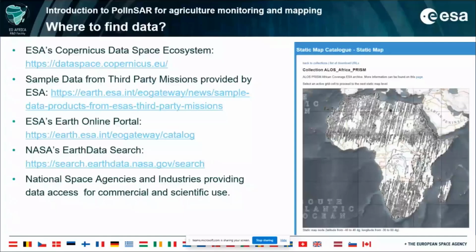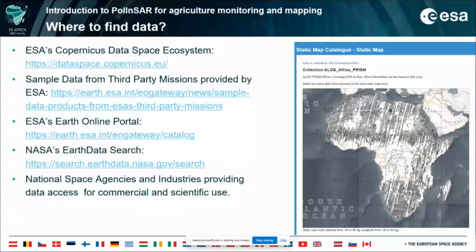But there is also a collection of ALOS products, for example, with African coverage. I took this image from the ESA Earth Online portal, to which everyone can register and acquire a product.